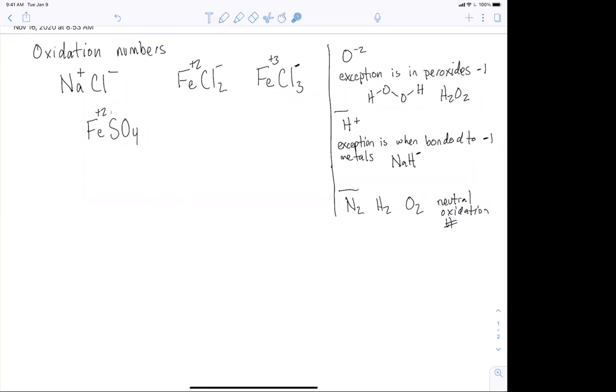It's not super obvious because a lot of this is a convention, but nitrogen, hydrogen, oxygen: what's the charge on hydrogen in that? It's just 0 on both. What's the charge on oxygen? Again, it's just 0. Same thing for nitrogen.